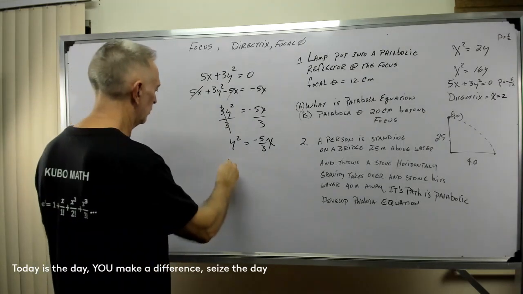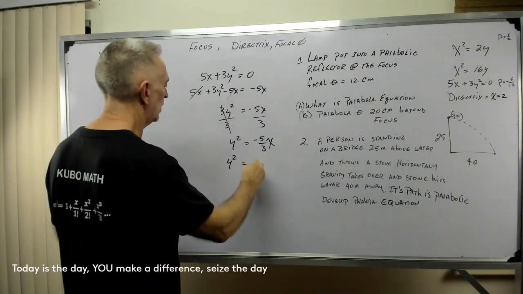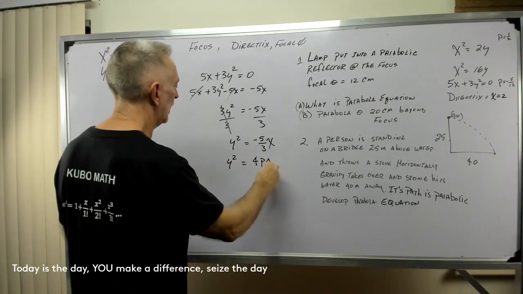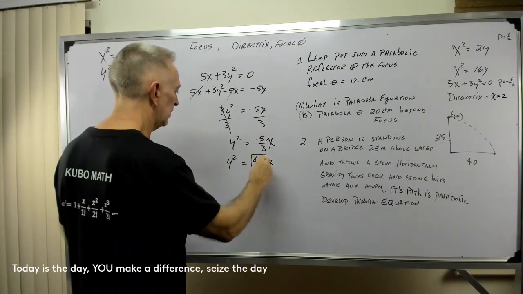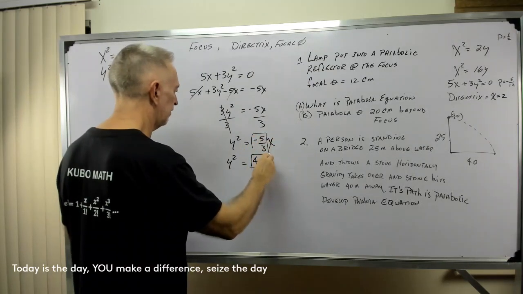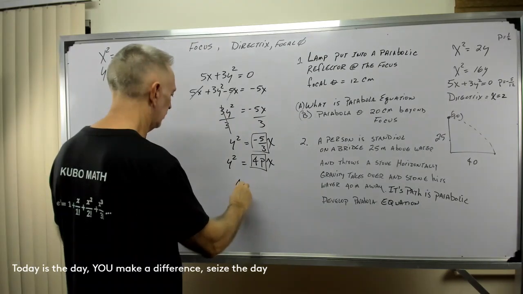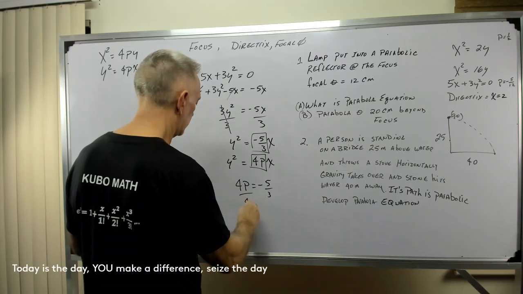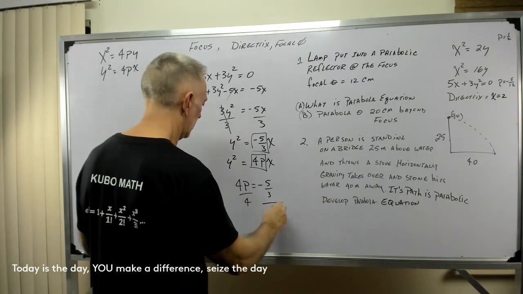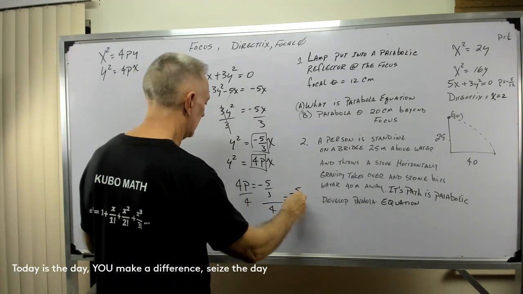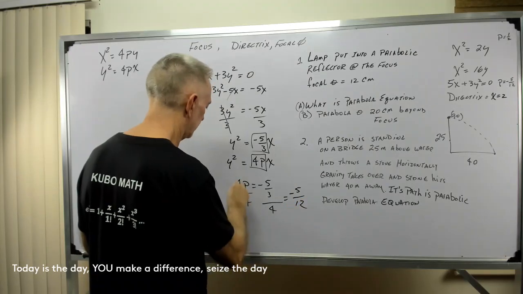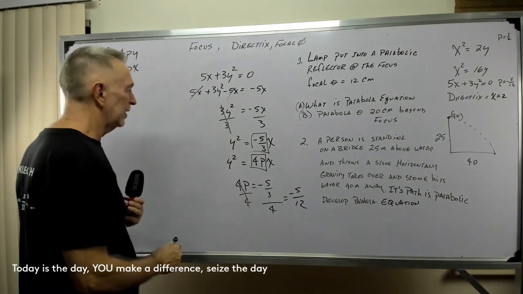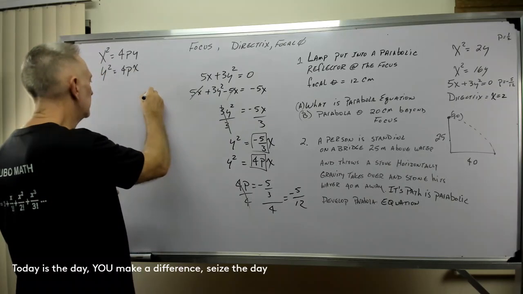So recall our equation: y squared equals 4px. So it must be that 4p equals negative 5/3. Divide both sides by 4, and that equals negative 5/12. So p equals negative 5/12.